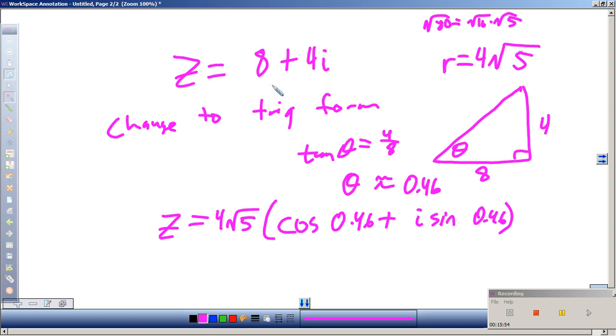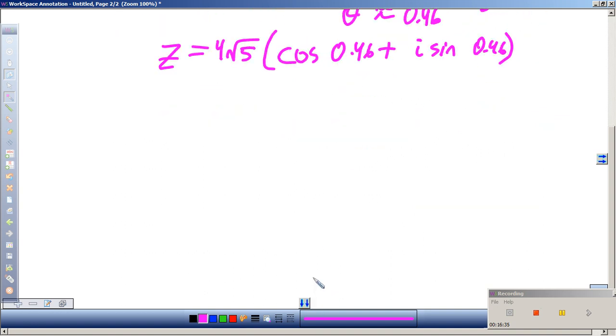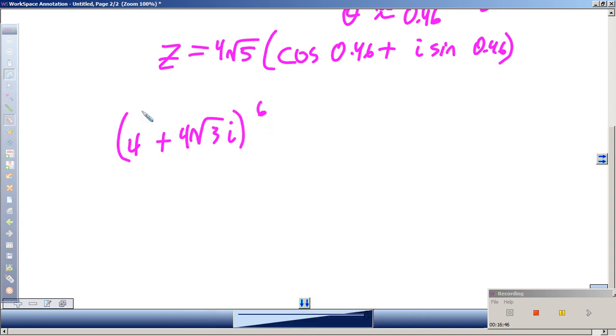So now let's go do another type of problem. Let's say 4 plus 4 square root 3 i, raised to the 6th. So which one of the rules are we using? Yeah. So first we have to put it in trig form.